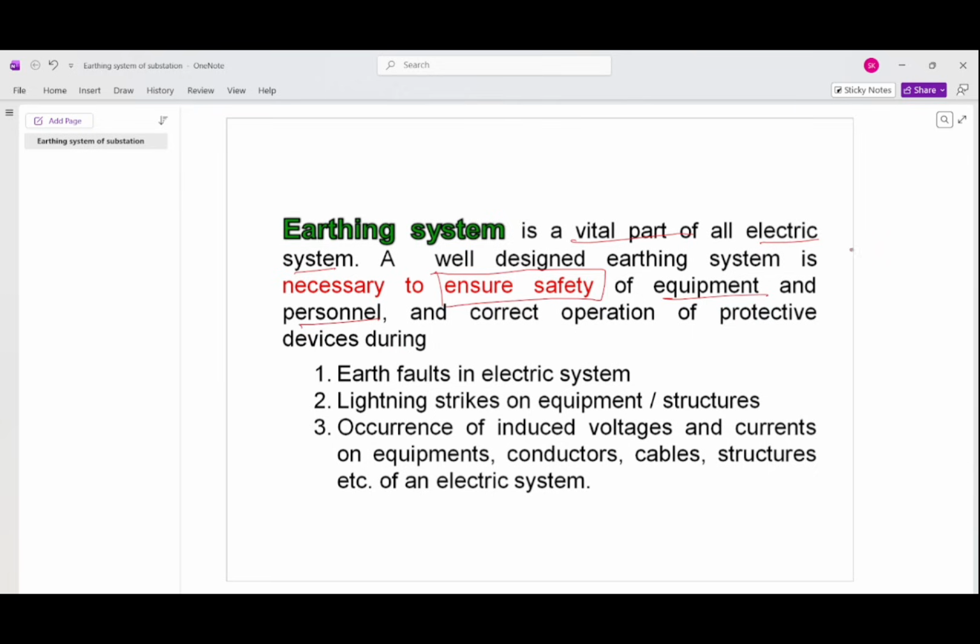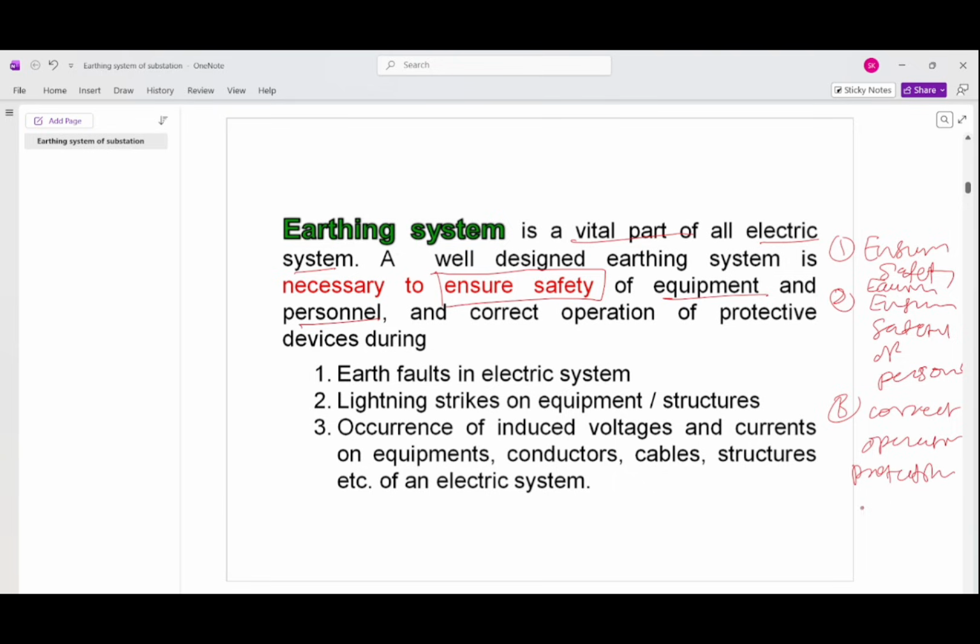So the three objectives of earthing design are: first, safety of equipment; second, safety of personnel; and third, correct operation of the protective relaying system.